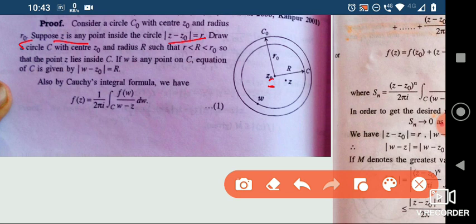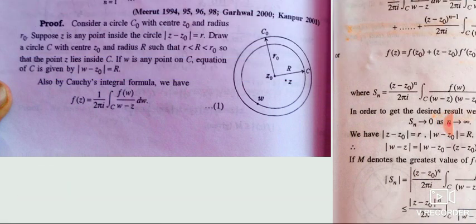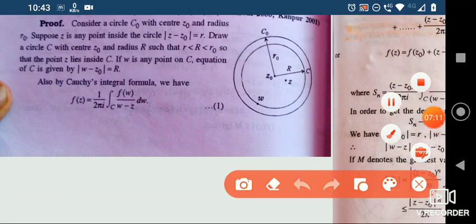The inner circle is of radius capital R. So we are drawing a circle C, the inner circle, with center Z naught. The center is the same, and the radius is R. Then what is the relation between the small r, this capital R, and this R naught? Small r is less than capital R, which is less than R naught. Then what is that?